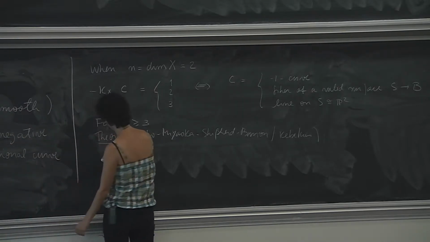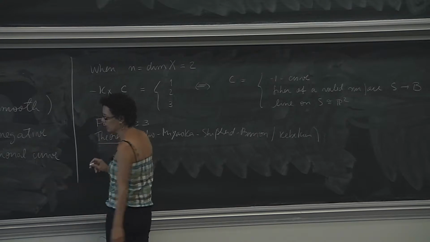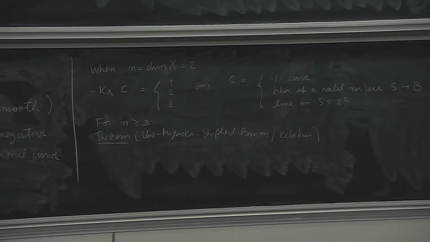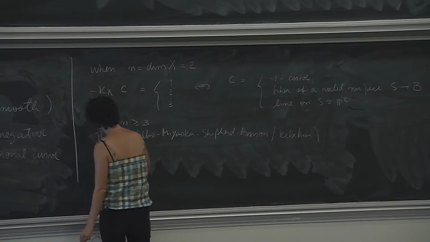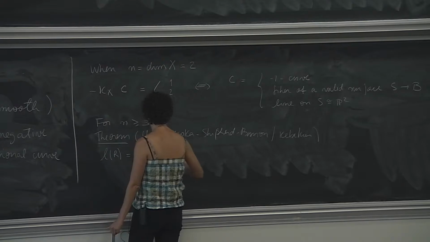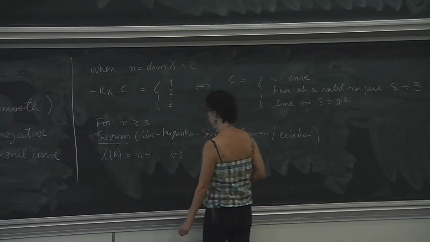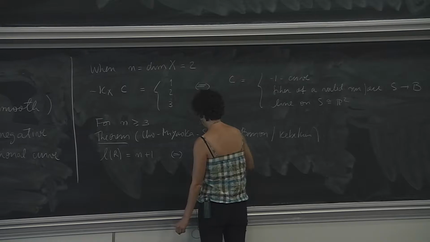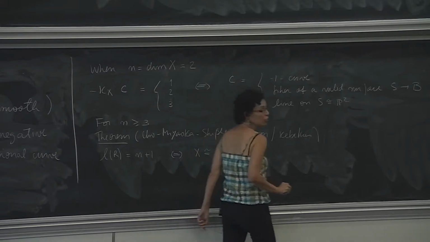We call the length of the ray the minimal value of the anticanonical degree for any curve in the ray. So the length is equal to n+1 if and only if X is isomorphic to a projective space.